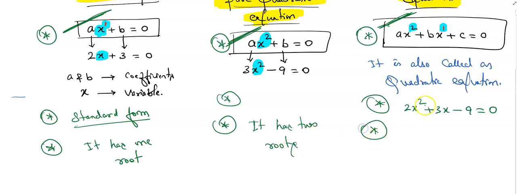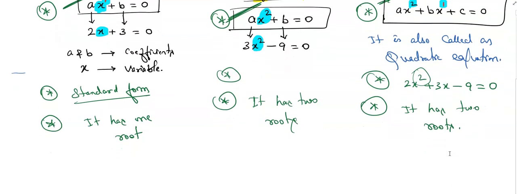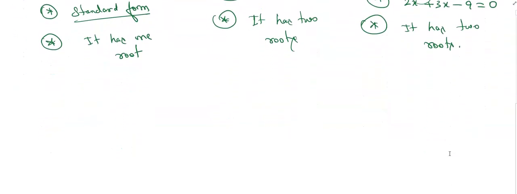In affected quadratic equation, what is the highest degree? Highest degree is 2, right? Highest power or highest degree, it is 2. So it has 2 roots. So this is the basic concept regarding the quadratic equation.